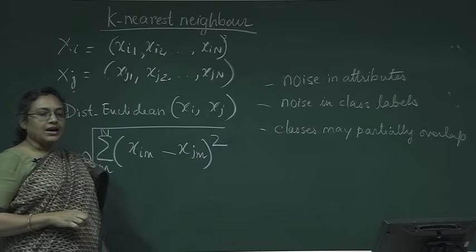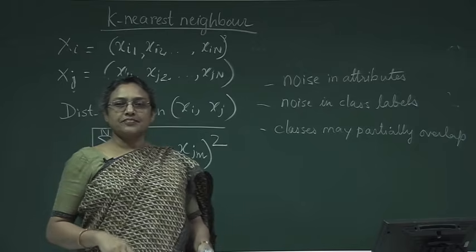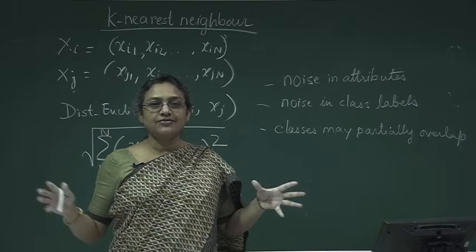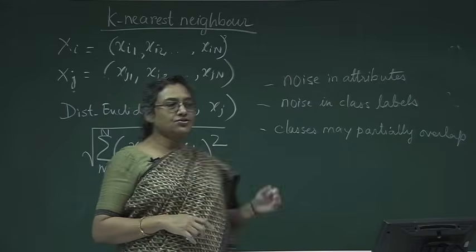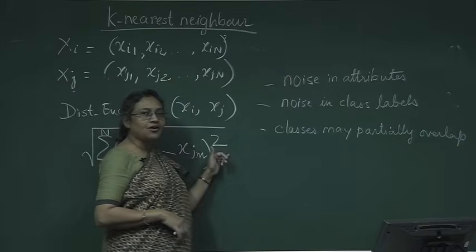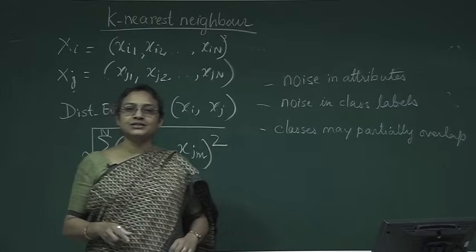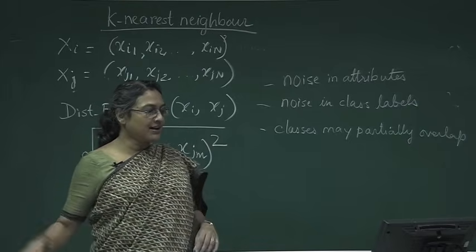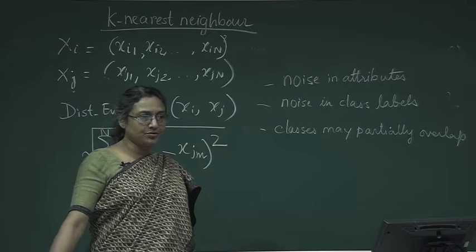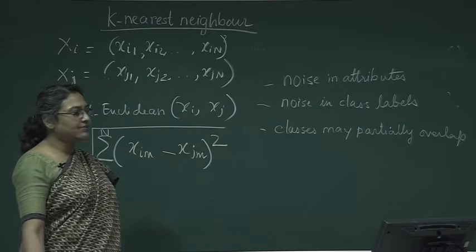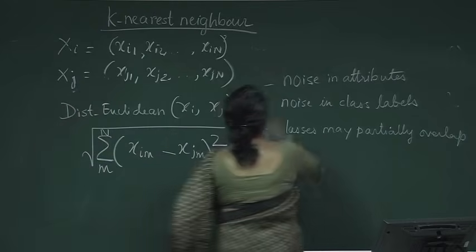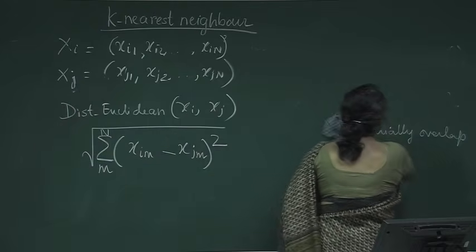Now, all attributes are not equally important, or the attributes may have different scales. A normal Euclidean distance treats all the attributes at the same scale, but there may be a case for giving different weights to the attributes. You can give equal weights only under certain assumptions.